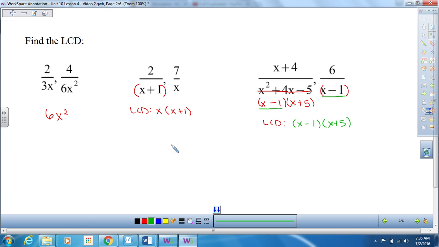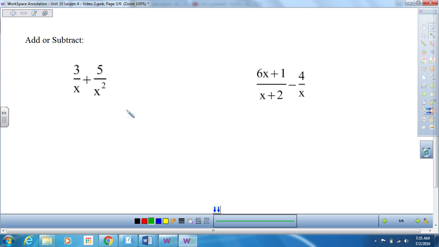Okay, so when we add or subtract fractions, we have to get a common denominator, so I'm going to have to multiply each fraction by what's missing from the least common denominator. Okay, so here I'm adding, and I don't have the exact same denominator, so my least common denominator, I need to have both covered, would be x squared, because the x squared will cover x.